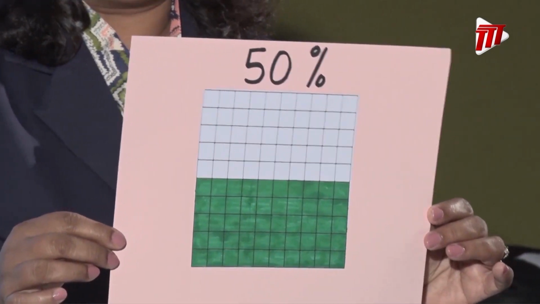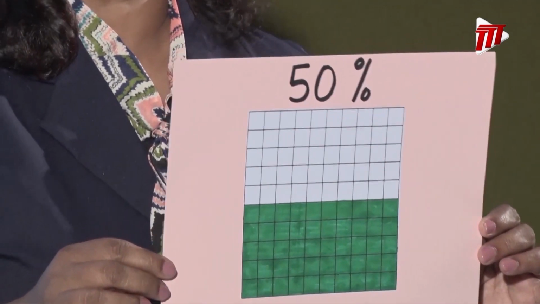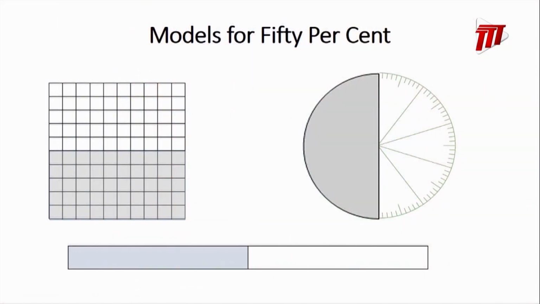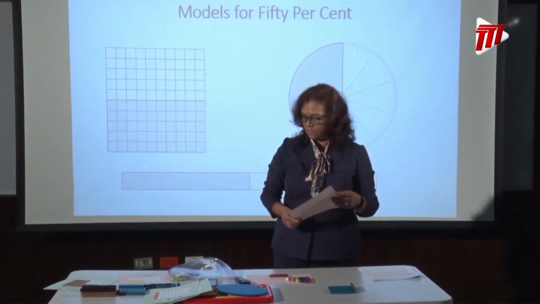I have my grid of 100 squares and 50 of those squares are shaded. So this represents 50%. It also represents a half, and it also represents 50 hundredths. It represents 5/10ths. And all those fractions are related to the 50%.